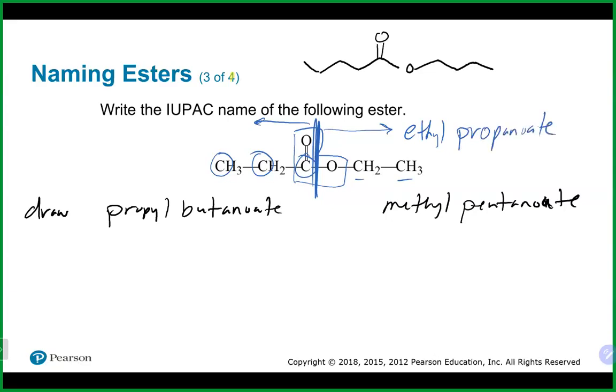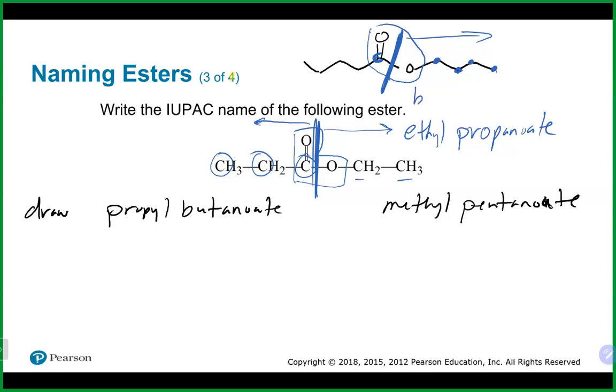Any questions on that one there? Now, on the one that I drew up here, I just kept drawing lines to see what I ended up with. But this part right about here is really our ester group, and that means that's a carbon right there, right? So if we broke it right there, once again, going towards the single bonded oxygen, that would actually give us 1, 2, 3, and 4 carbons, and that's based off of butane, and it's going to be named as a group since it's the alcohol part.